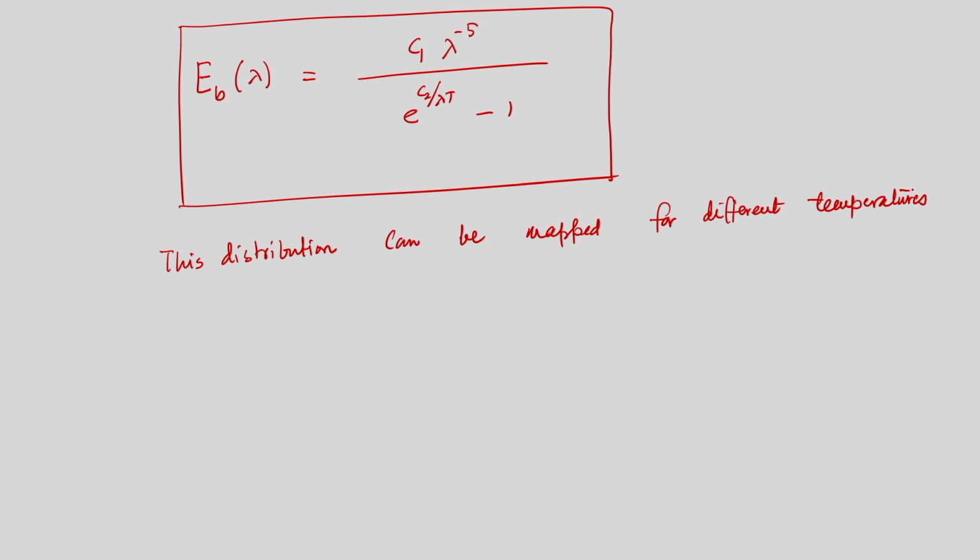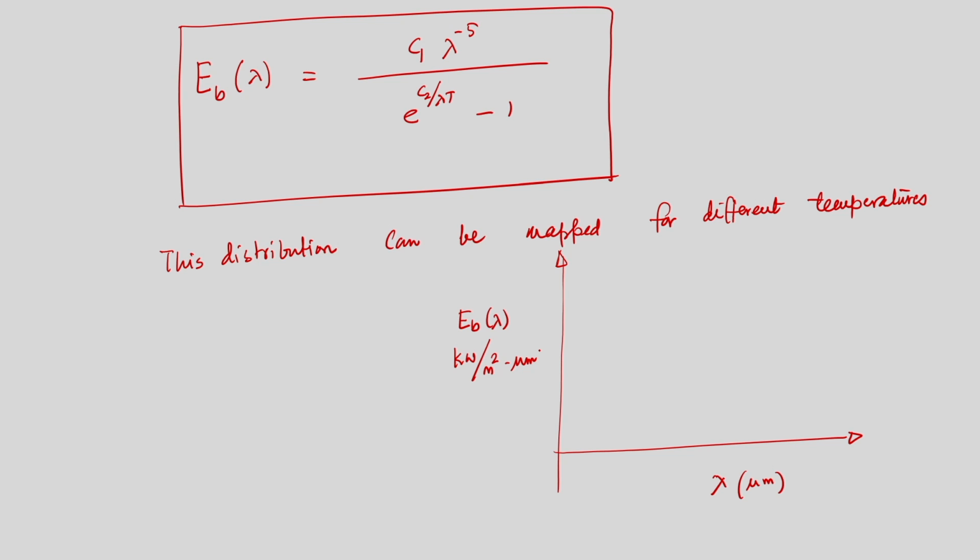Right. So, if we now try to plot, say, this is E_bλ and this is λ in microns, and this is E_b in kilowatt per meter square micron.